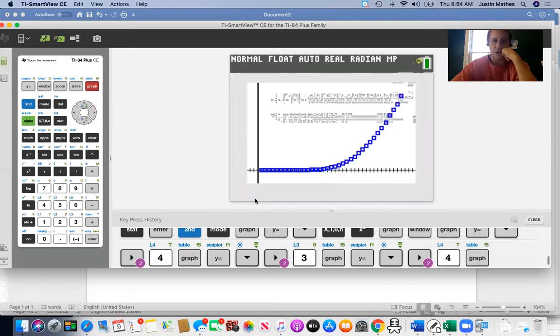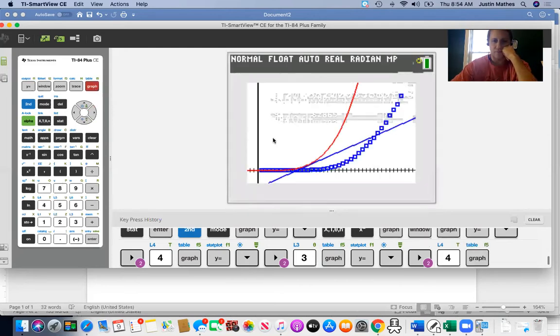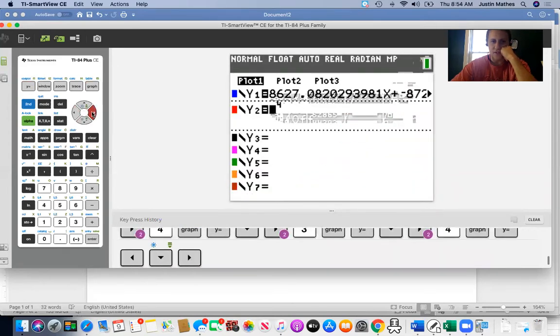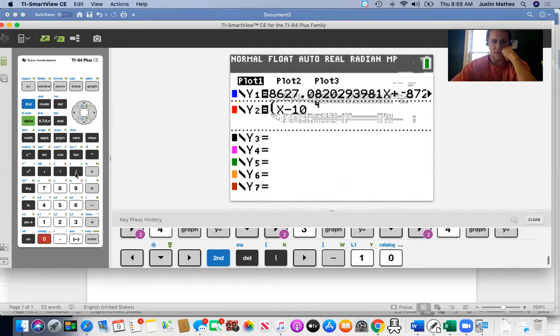But now, when I look at the graph, the problem is that it looks like I've got some type of translation to the right, and so to make this fit, I would need to move the graph to the right. So I know to move a function like this to the right, I'm going to try something like, I don't know, x minus 10.